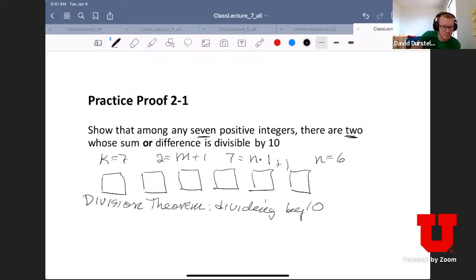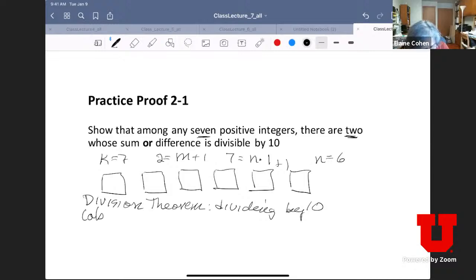So we're going to label boxes by the remainder R and 10 minus R. Why 10 minus R? Because if we add R and 10 minus R, we get 10. So the sum will be divisible by 10.